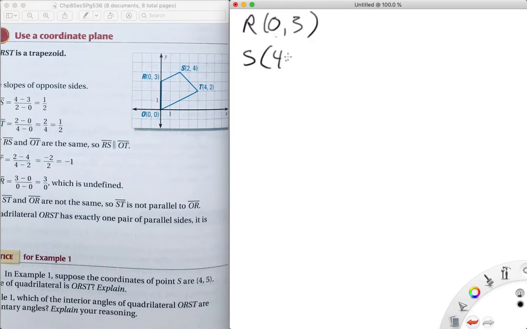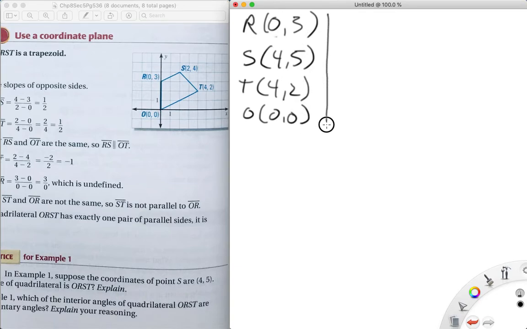So R is 0, 3. S is 4, 5. T is 4, 2, and O is the origin. Okay. So what we're going to do is just take the slope of all four sides now that we have those coordinates.